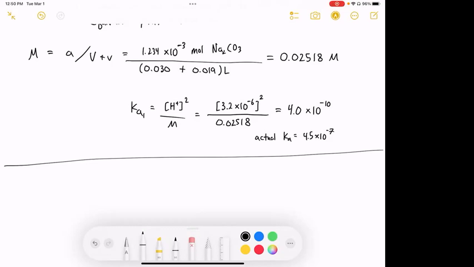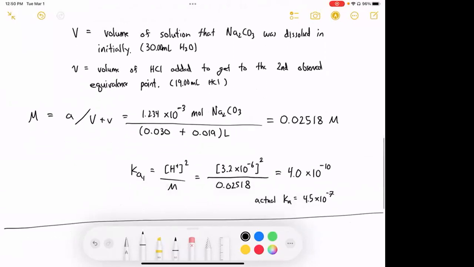All right, so now let's go on to part 2 of the calculations. Make sure you generate those curves and get the equivalence point. Use the pH at the second equivalence point to determine the hydrogen ion concentration.